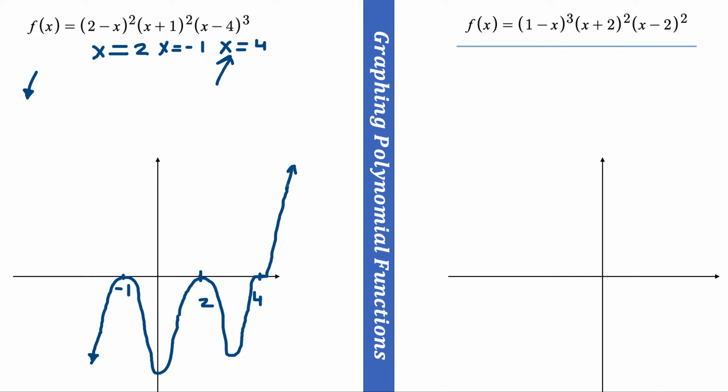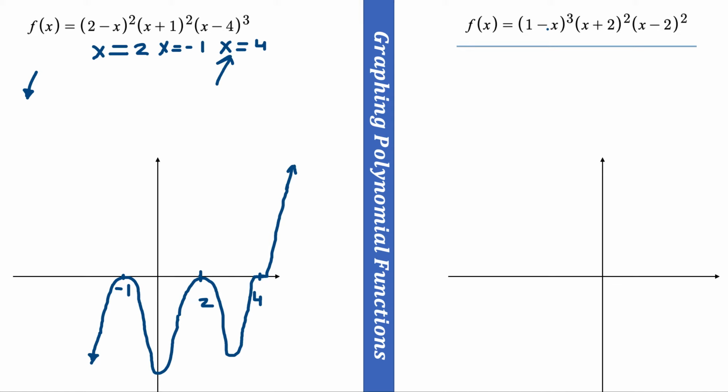So we already sketched the graph of the function f of x equal to (2 minus x) squared, (x plus 1) squared, and (x minus 4) cubed. So now we are looking at a polynomial function in factored form here, and let me see, the degree is 2 plus 2, 4, plus 3, 7. So this is an odd degree. But looking here, this is a minus.